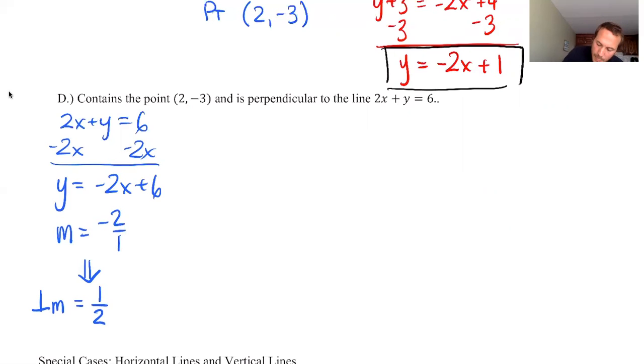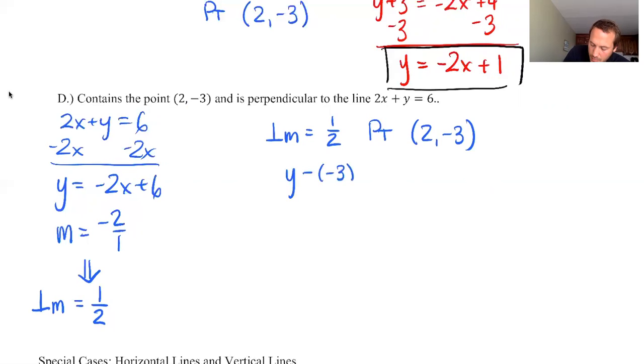So now I have a perpendicular slope of 1/2 and the point of 2, negative 3. Okay? So when I put all of this together, I'm going to have y minus negative 3 is equal to 1/2 times x minus 2.